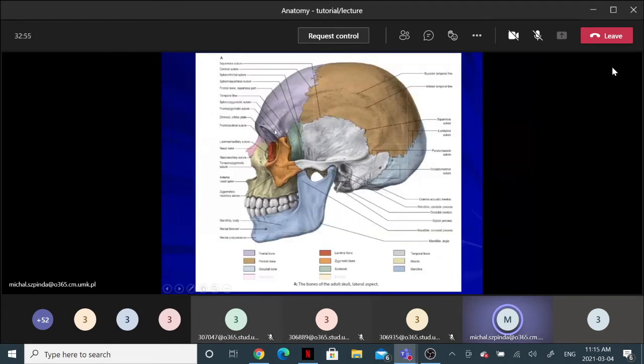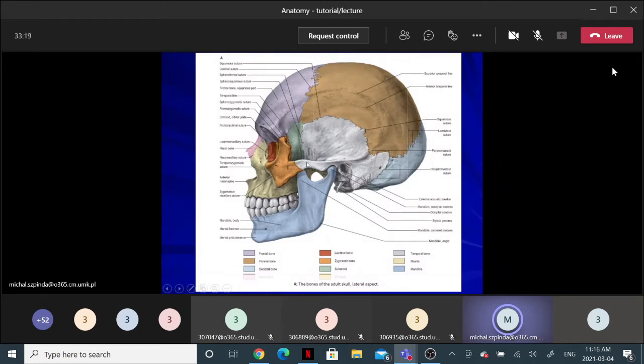And just here we can see a temporal fossa which has its 3 geometrical walls. The wall here, which is being contoured, is the medial wall. All of this is the medial wall.